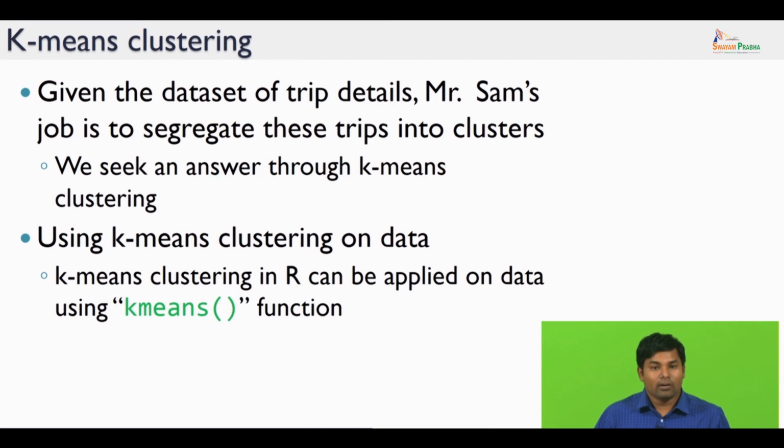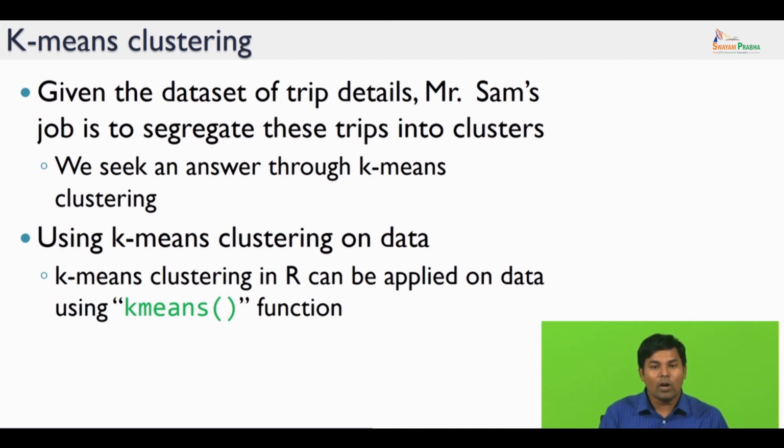Now let us look at our primary task of implementing k-means clustering on the data frame. We have been given this data set of trip details and we have to segregate these trips into clusters. We are seeking an answer through the k-means clustering algorithm. If you noticed in the data, the trips are not labeled as short trip, long trip and so on.